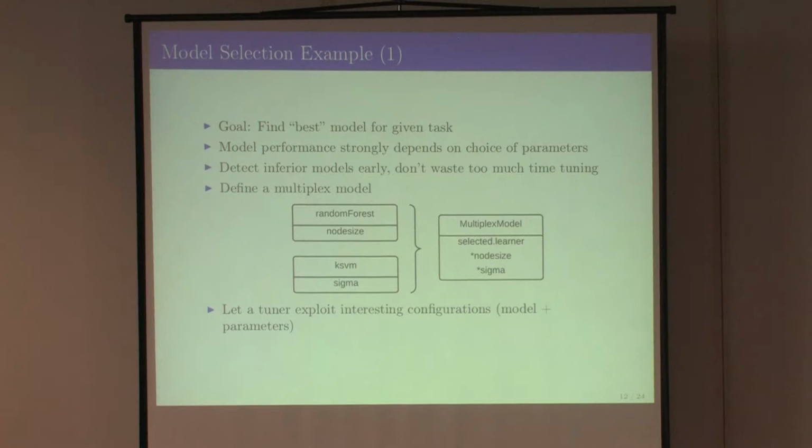So you can do this in MLR. This term we invented because we didn't know what to call this: a multiplex model. So you take different learning machines with parameters, you plug them together in a multiplexer, and that multiplexer has one additional hyperparameter, and this hyperparameter encodes what learner you actually selected, right?